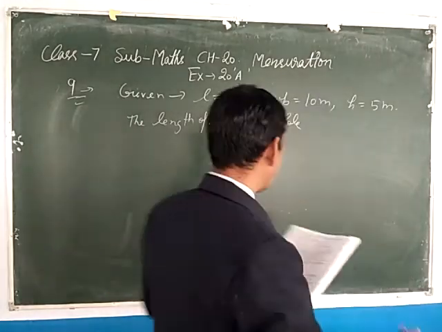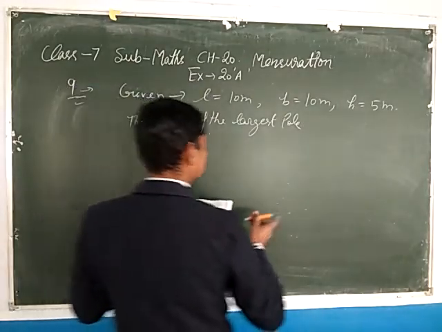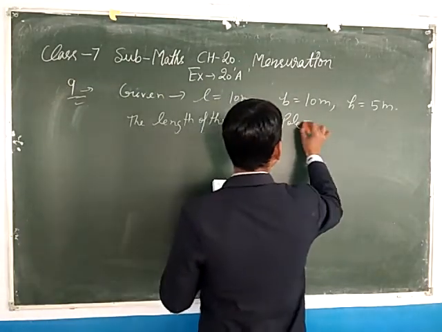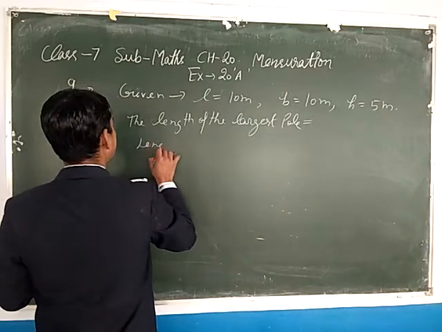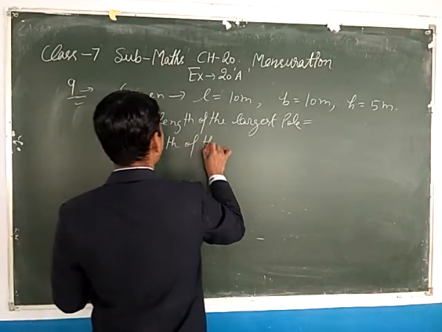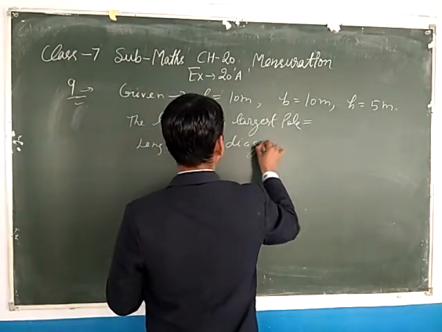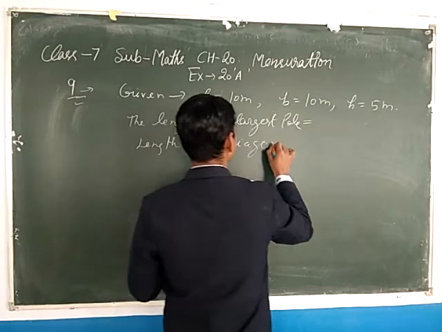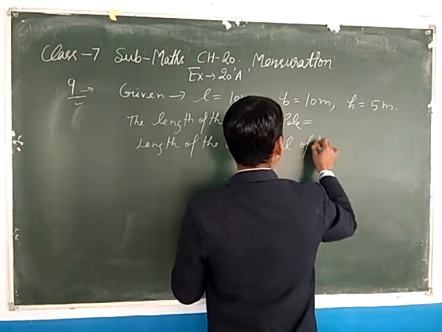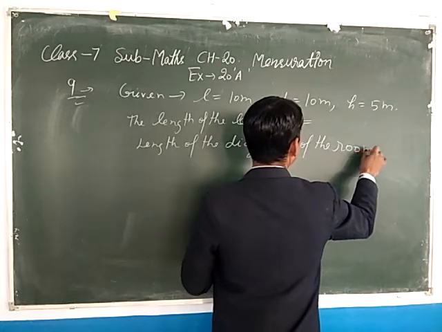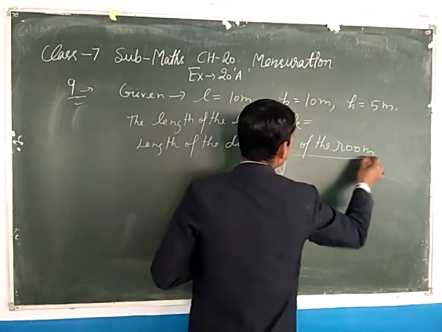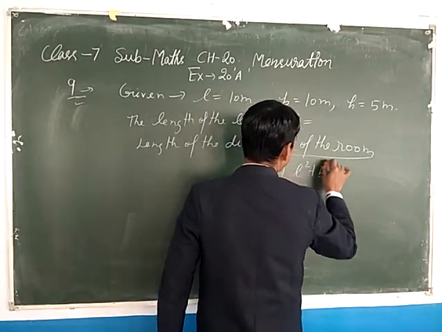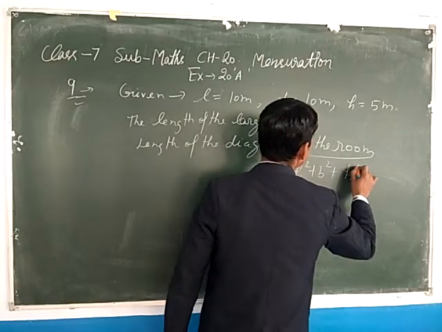And you know very well, length of the diagonal of the room equals to... क्या होता है बेटा फॉर्मूला?